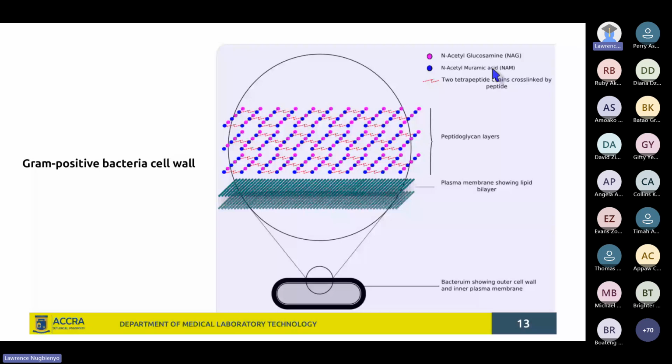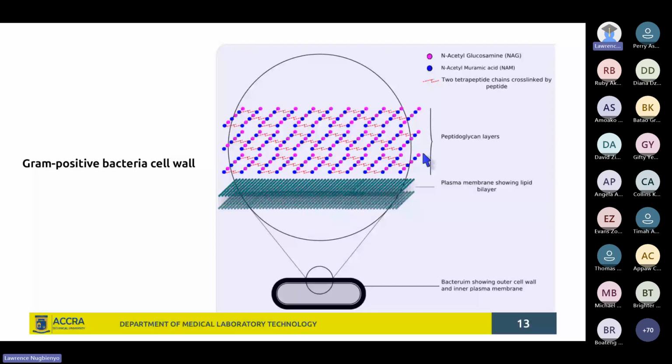And you are having these peptides that are binding these oligosaccharides in that manner. So you have peptide chains that are forming cross linkages between these oligosaccharides. So it sort of forms a well meshed together wall, strong, giving that protection to the bacterial cell wall.